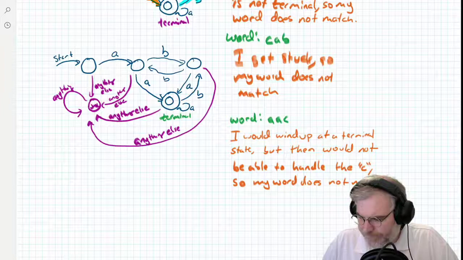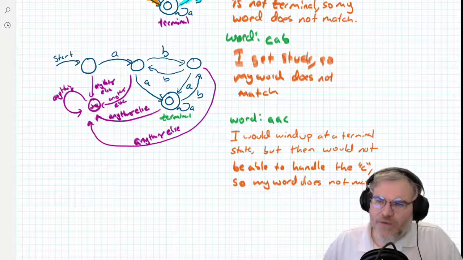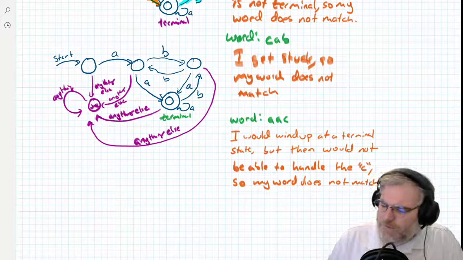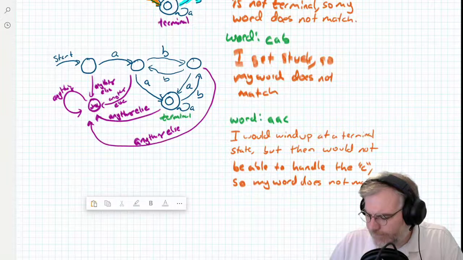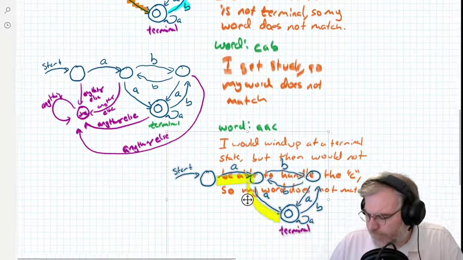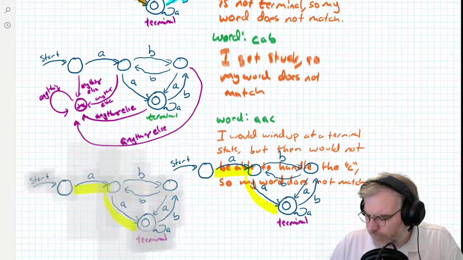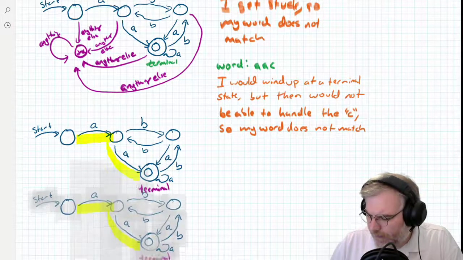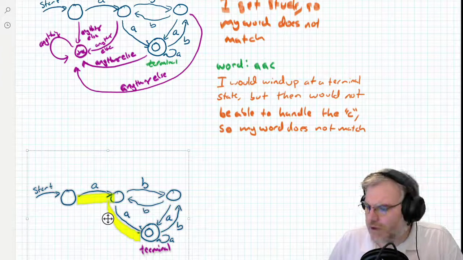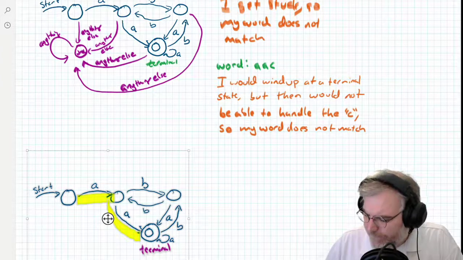Okay. So if I wanted to write this particular machine, okay, let's go back to my machine. What types of words does this recognize?